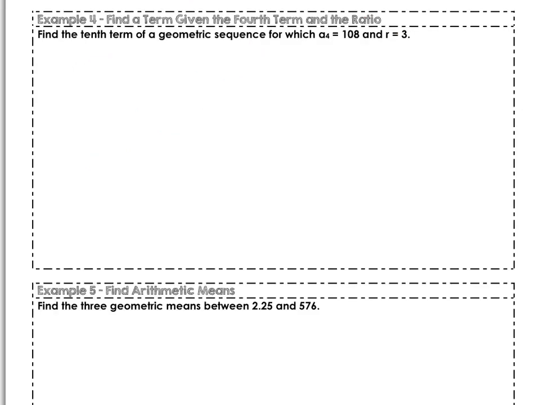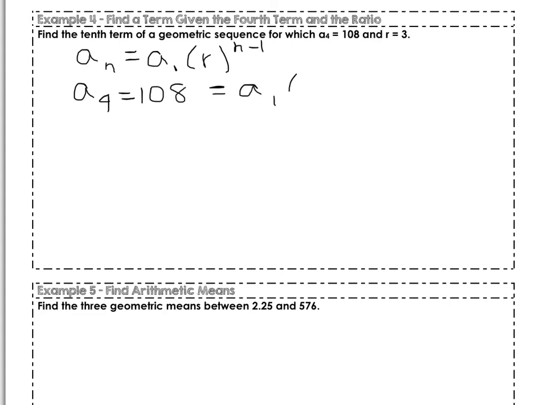2 more examples. In this next one, example 4, we're to find the 10th term given the 4th term and the common ratio. Notice the piece of information we're missing is our a1 term, so we first need to find it. So I'm just going to write out my general equation, frame of reference for myself. We're going to use our 4th term, which is 108, and we're going to set this equal to a1 times 3 to the power of, n is going to be 4 minus 1.